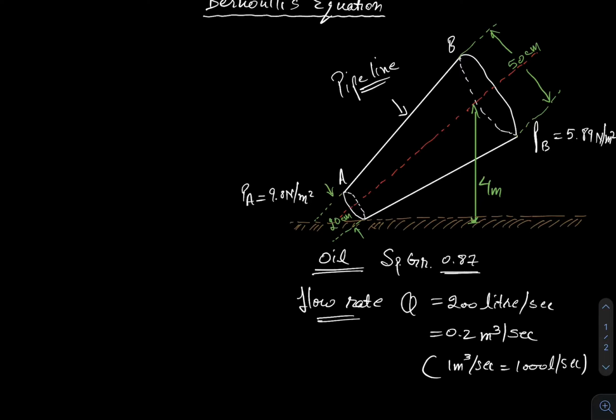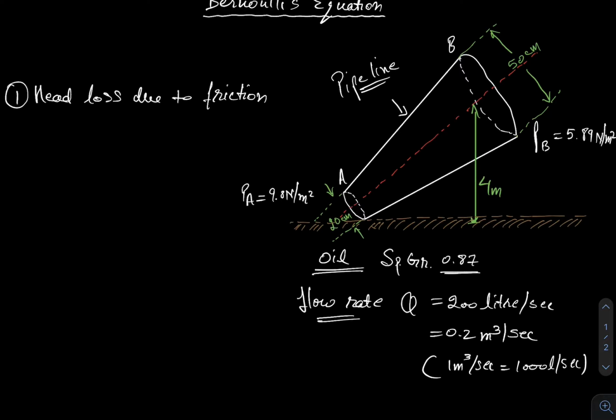Now what we have to calculate here: first thing we have to calculate is the head loss due to friction. Remember, in the last class we wrote Bernoulli's equation for two cases. One was hypothetical, where only conservative forces were involved. Okay, there was no HL, no head loss due to friction was considered.